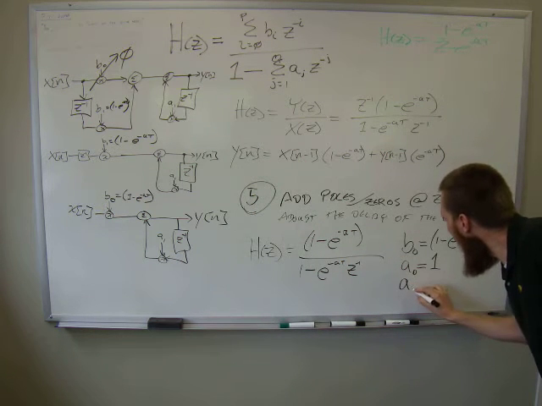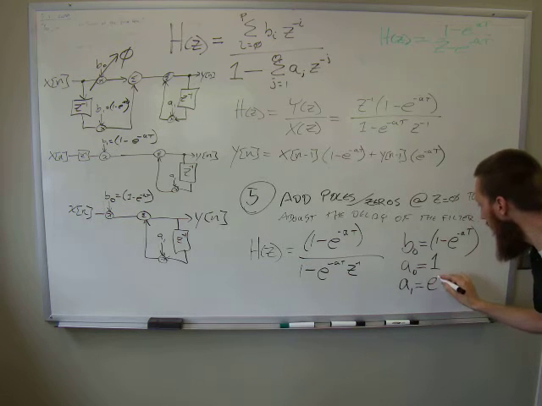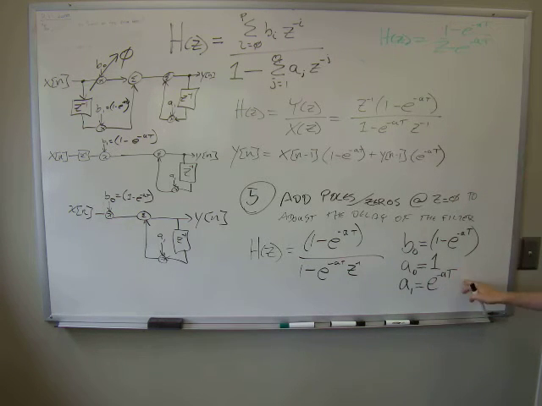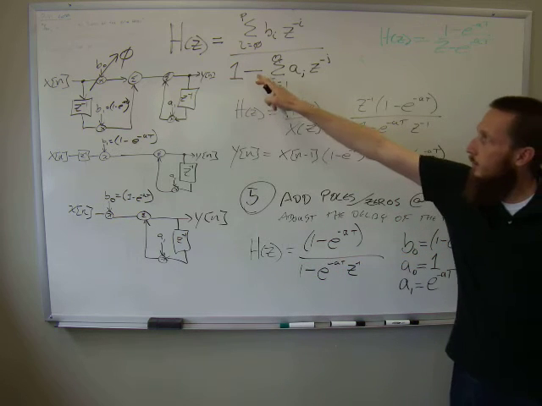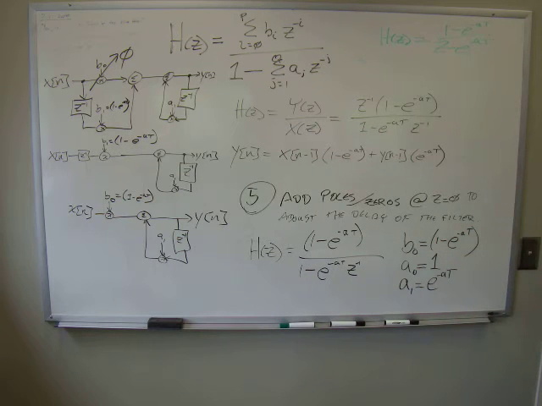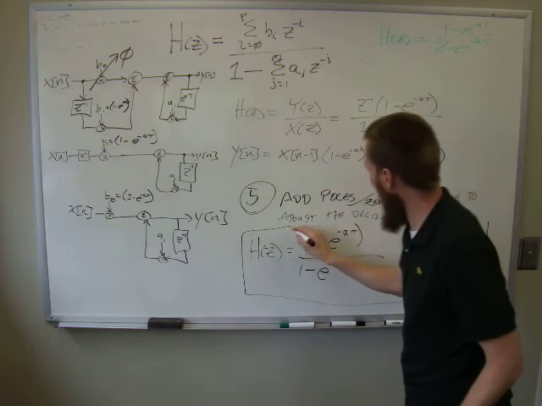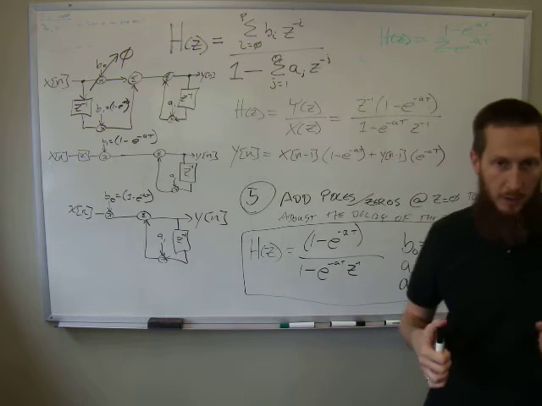And a1 is going to be equal to e to the minus at. And notice it is not negative e to the minus at, because we have this negative sign here. It is positive e to the minus at. So this completely defines our digital filter that we derived from pole zero matching from a continuous time filter.